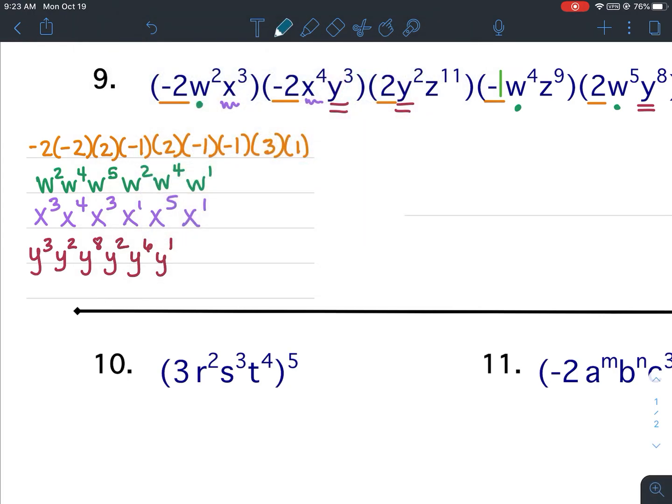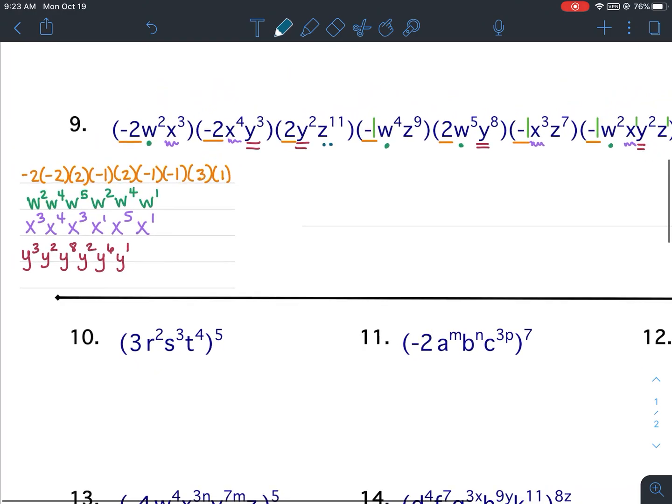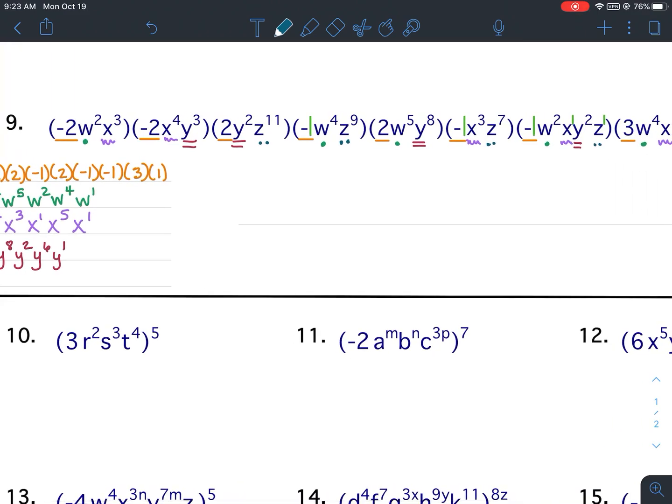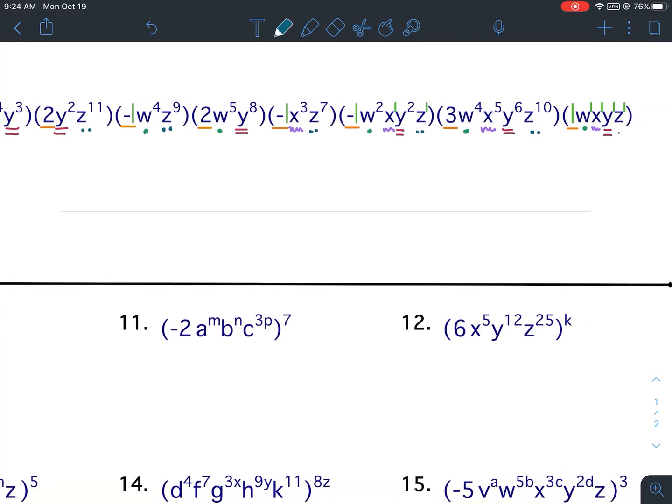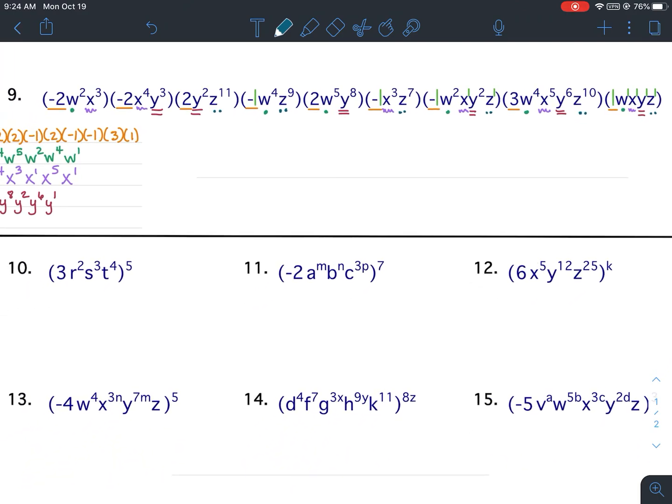Last, we will do the Z terms. So we have Z to the 11th, Z to the 9th, Z to the 7th, Z to the 1st, Z to the 10th, and Z to the 1st.